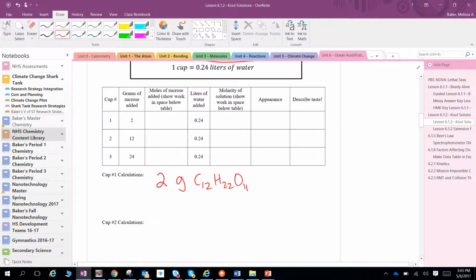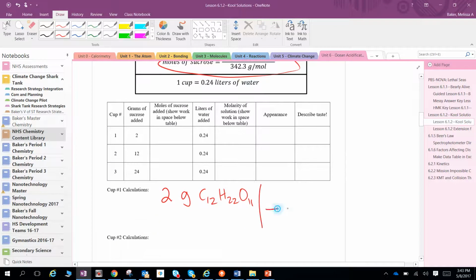The molar mass is 342.3. So 1 mole of sucrose weighs 342.3 grams. So 2 times 1 divided by the 342.3, we were adding 0.0058 moles of sucrose to cup number 1.